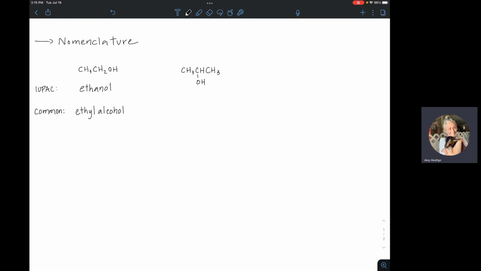All depends on the carbon to which the hydroxyl group is attached. With IUPAC nomenclature for that particular species there on the right, we have to say to somebody, hey, look, this is not just propanol, right? Because it's a derivative of propane, but the hydroxyl group is on the second carbon, not the first carbon. So you have to let someone know that. So we've got 2 dash, instead of propane, we have propanol.